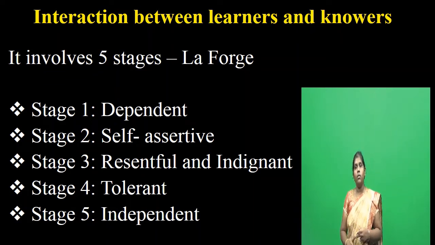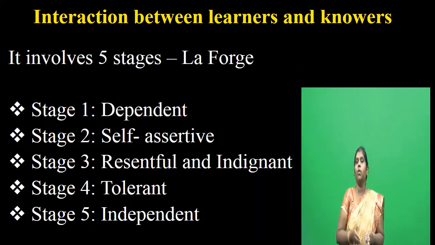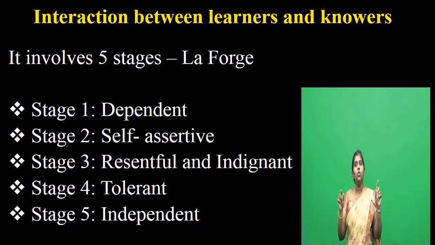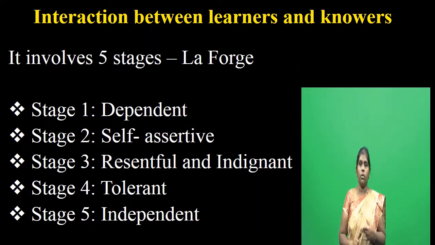One is the interaction between the learners, that is, a learner is speaking with another learner. And the second interaction that is taking place in CLL is the interaction between the learners as well as the novice. And here we have introduced the term called novice. Novice could represent the teacher as well as the person who knows the language. Okay, so two kinds of interactions are taking place in the class.